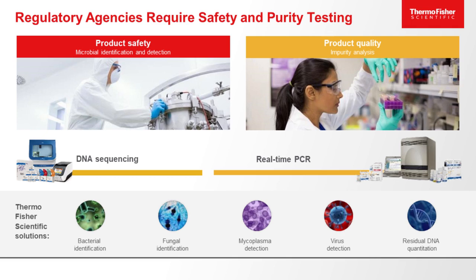On the right-hand side are products that utilize real-time PCR for rapid product safety and impurity testing. These include adventitious agent detection for mycoplasma and viruses, as well as residual DNA quantitation. To address the growing needs of such testing, we have developed a residual plasmid DNA quantitation assay, and that will be the focus of my talk today.